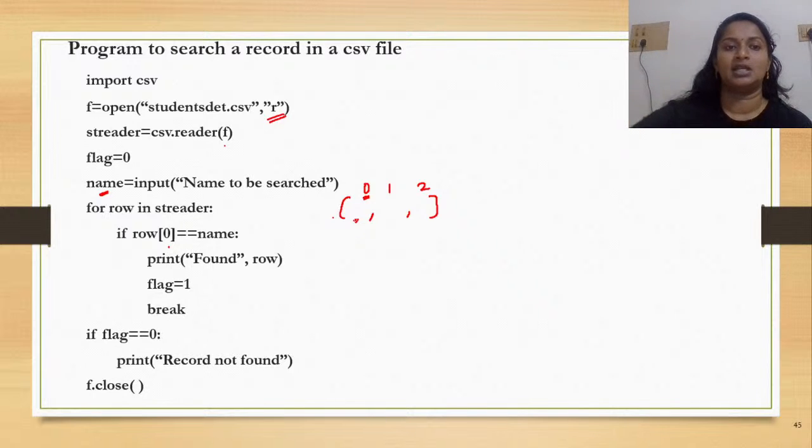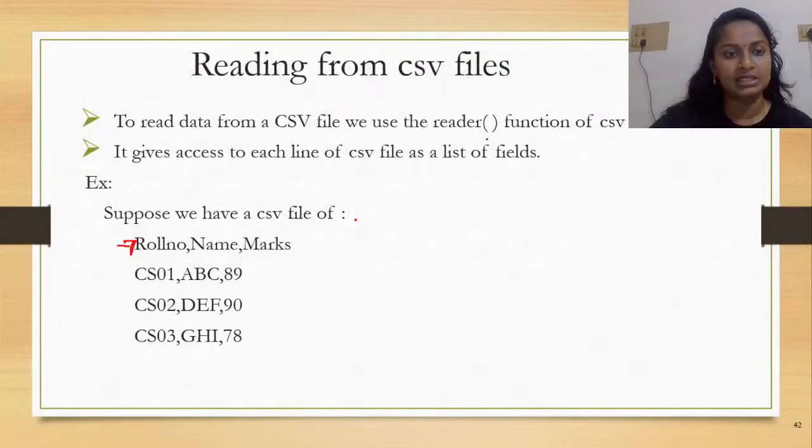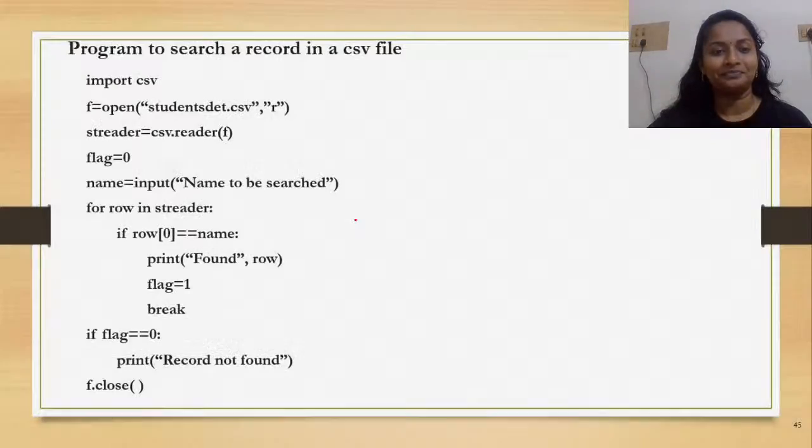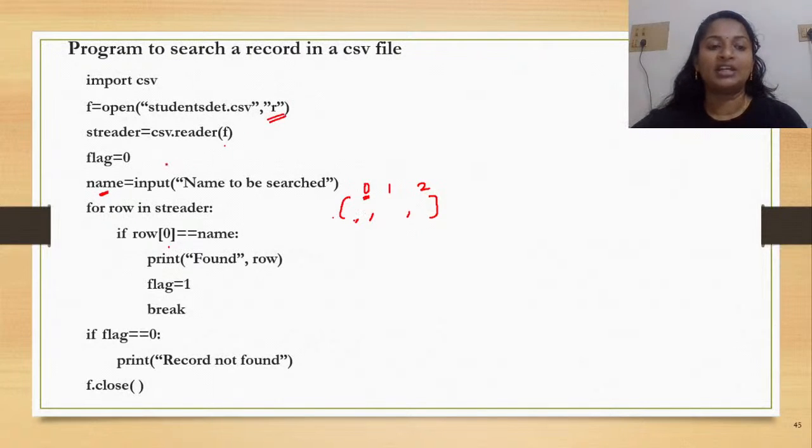In that case, I'm not sure whether we have written what were the contents? It was actually a roll number. Okay. So the content name is in the position 1. Okay.